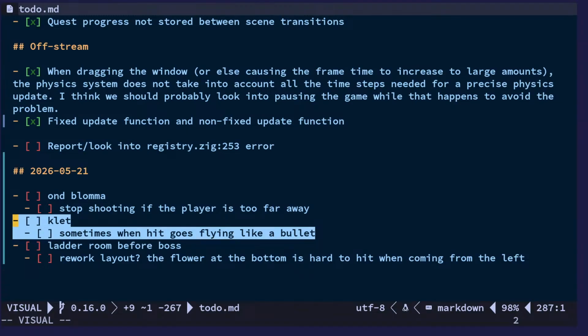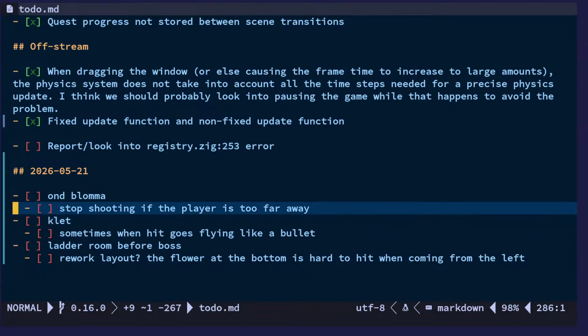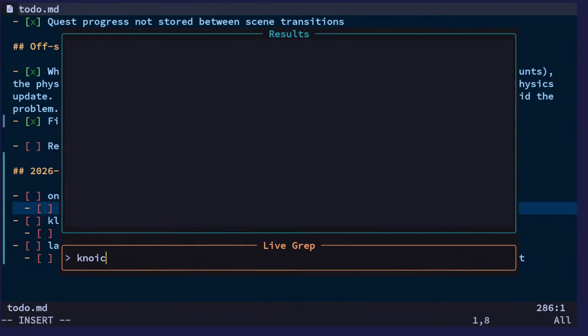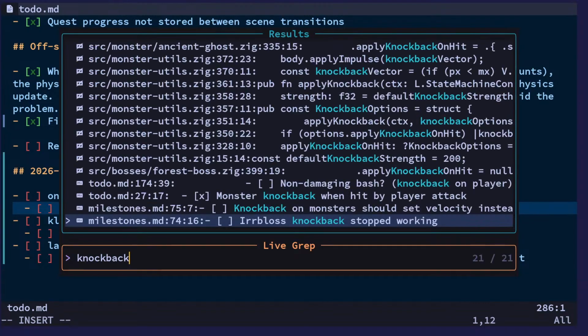Now, what's happening, I think, is that we have a knockback when hitting something. There's a knockback effect which applies a bit of force to the thing. So let's examine the knockback actually.